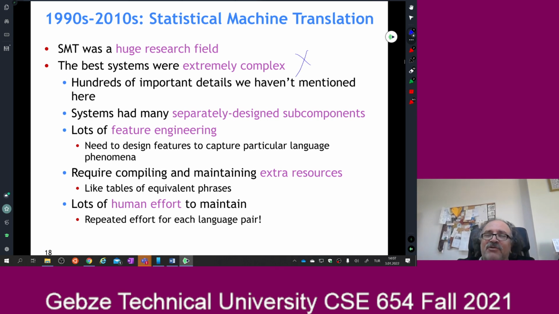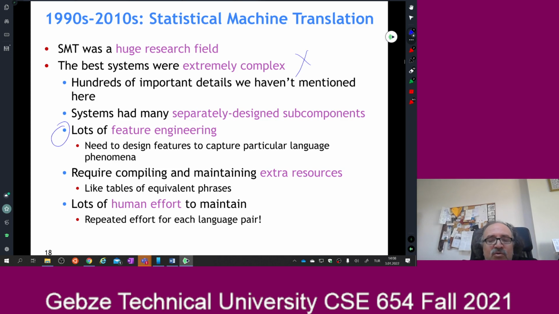The network that I showed you is not complex. It is not extremely complex, right? It's a simple encoder decoder, two networks. Okay. We have separately designed subcomponents, but we don't have many of them. Maybe the most important one is this one, feature engineering.